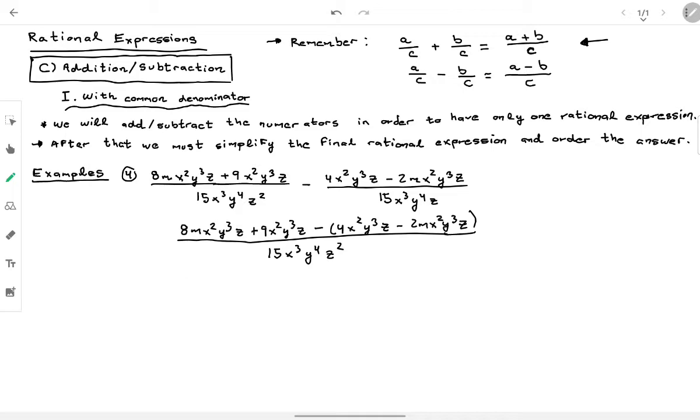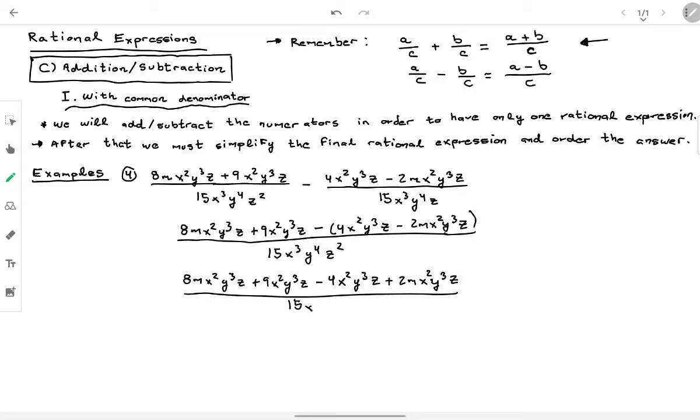We will get 8mx squared y to the third c plus 9x squared y to the third c minus 4x squared. Remember, the minus after a parenthesis will change the sign of every term inside the parenthesis. 2mx squared y to the third c, all of it divided by 15x cubed y to the 4 c squared.